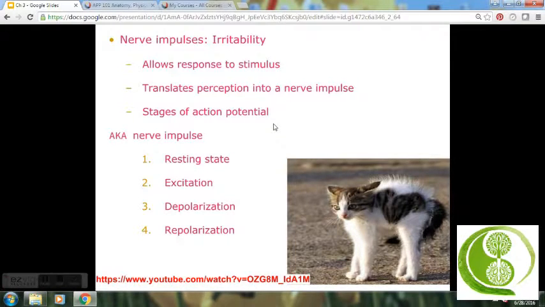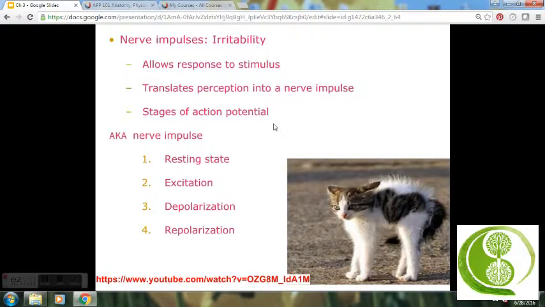And then its conductivity allows it to communicate that nerve impulse to another neuron, a muscle, or a gland. So irritability allows response to stimulus. It translates perception to a nerve impulse. And it does so through what we call action potential, which is the actual nerve impulse.